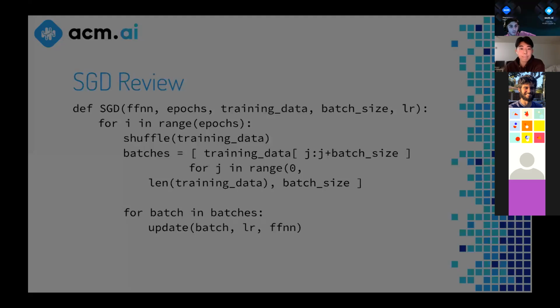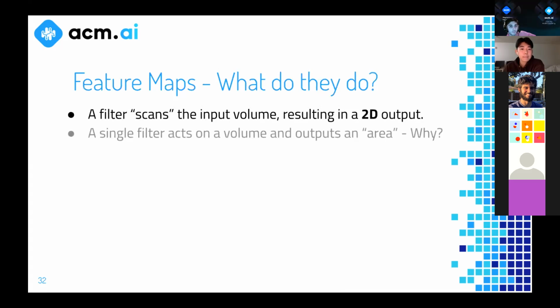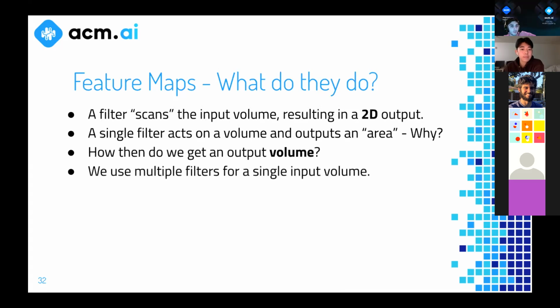Just to clarify, the idea is that we have multiple of these filters, right? Each of these filters, or feature maps, as the name implies, is going to detect one feature in the image. So in order to have enough information to make a classification judgment, intuitively it makes sense that we're going to need more than one filter.